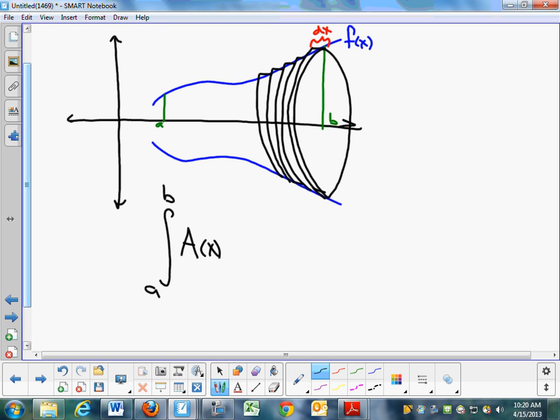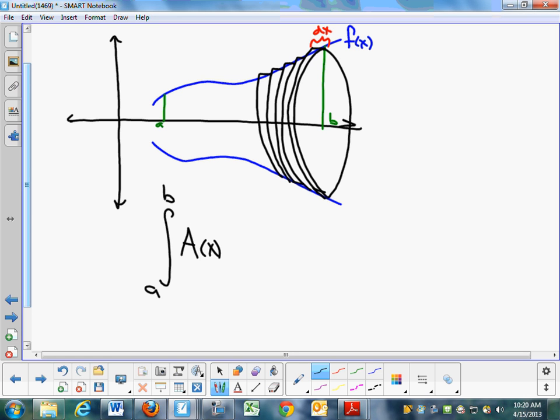Now those volumes have, if you look at this first slice I have here, as dx has a certain width, that can be kind of the height of the cylinder, right? And if we want to know the volume, we would find the area of the circle and we would multiply it by the height.